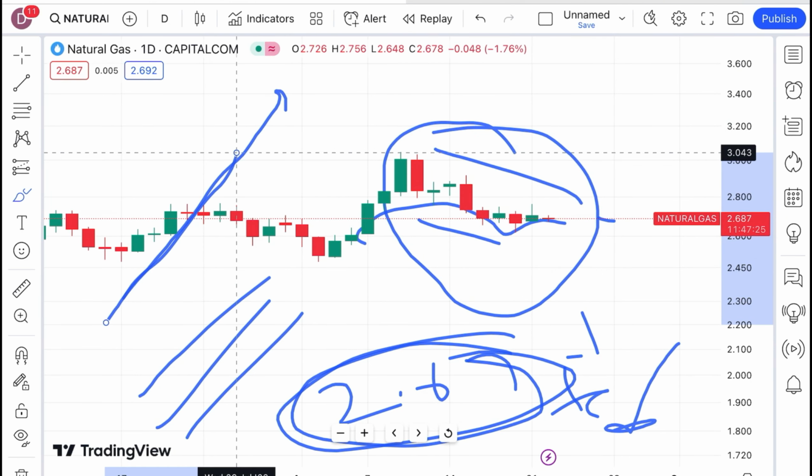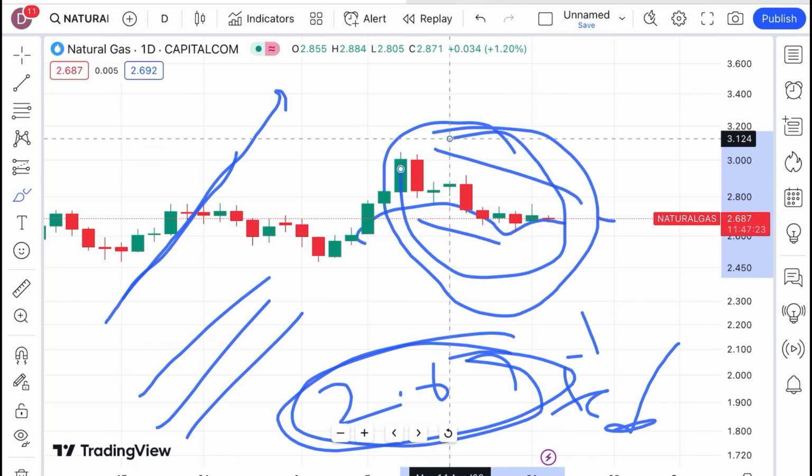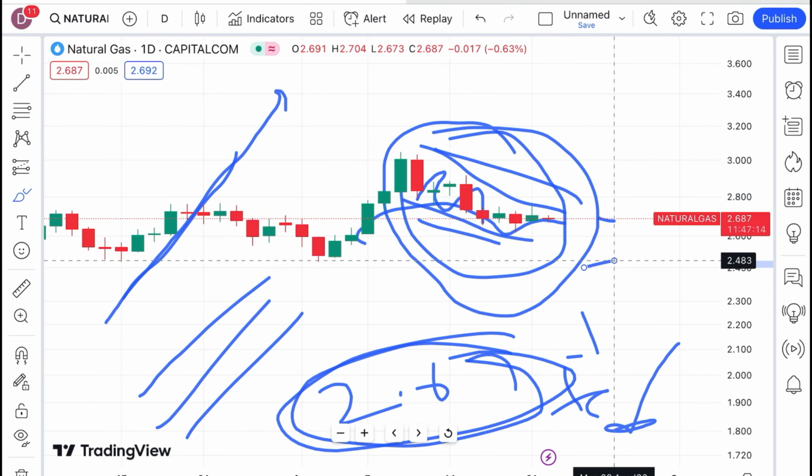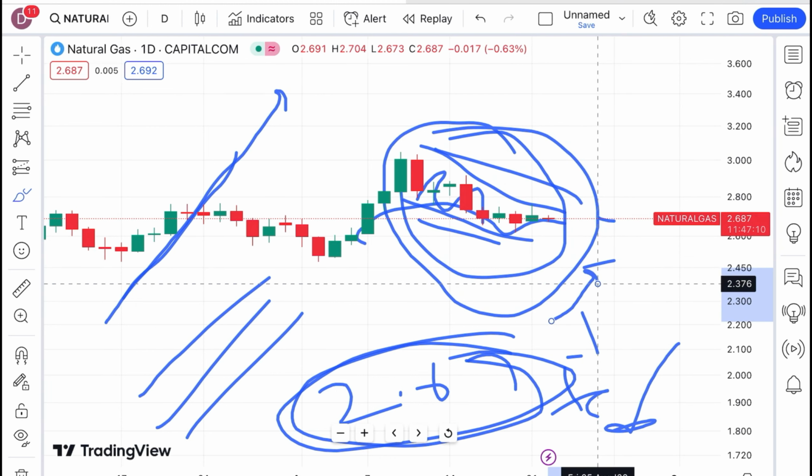Any news that comes will affect the chart, okay. So when you are already reading the chart and it is forming this pattern and that pattern, then there are higher chances that you can crack the direction, or you can see the direction.